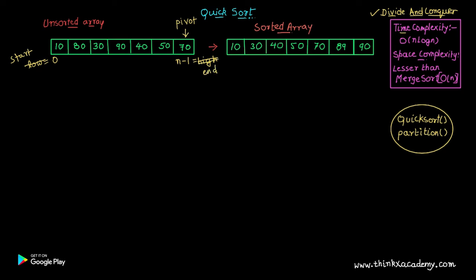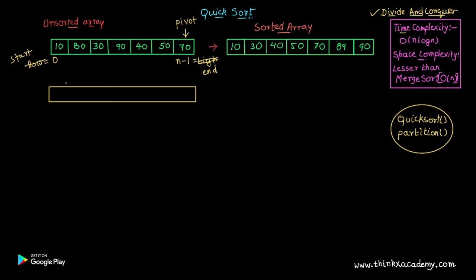So after the first pass, or the first iteration, the array will look like this. We will assign all the elements lesser than 70 on the left hand side.